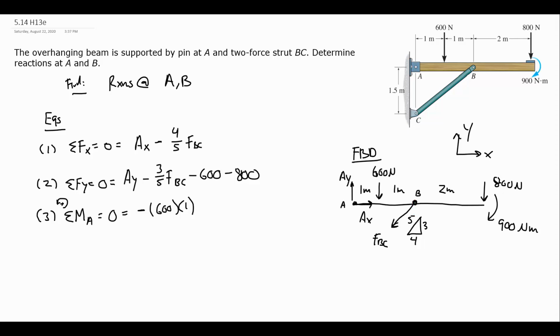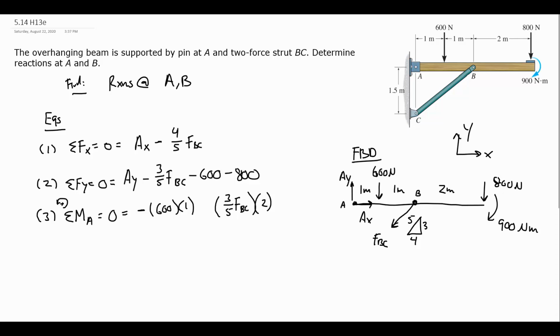So the vertical part is going to be its 3/5 times FBC times its perpendicular distance to A is 2 meters. Right, so the vertical part is 2 meters away because we're using the perpendicular distance.